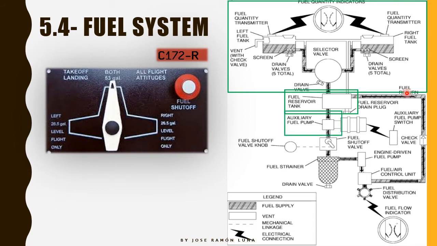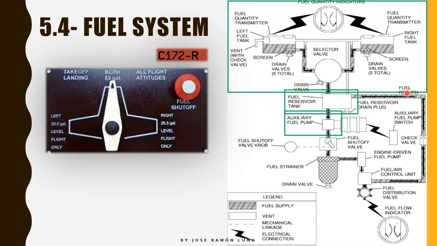After that, we have the auxiliary fuel pump. This is an electrical fuel pump we can use if we need it, right? Just to clarify here, the Cessna has the wings over the fuselage, over the engine. So in normal operation, we don't really need a pump, okay? The fuel just drops because of gravity.